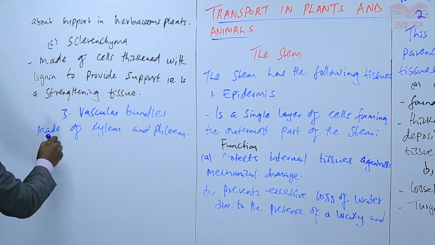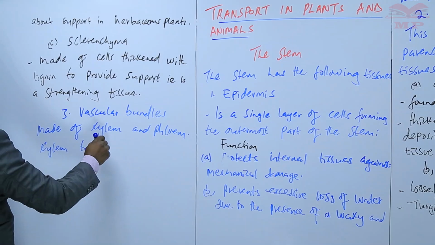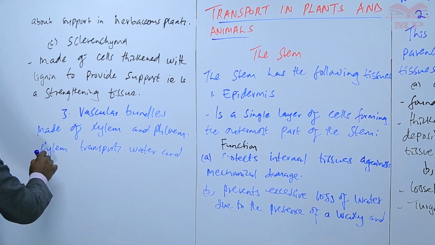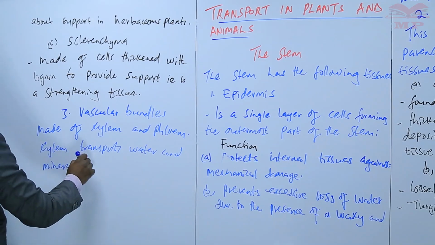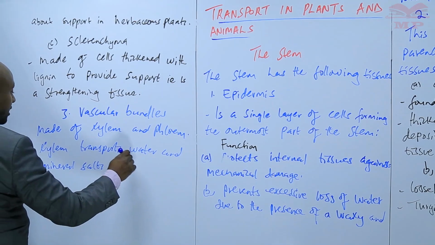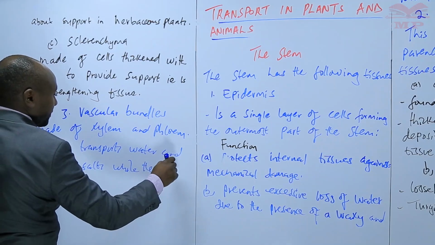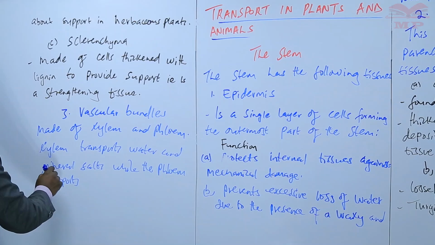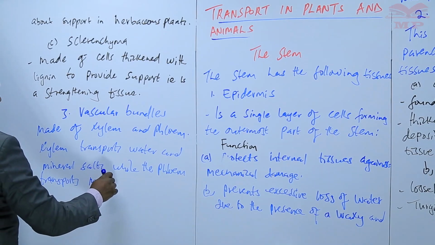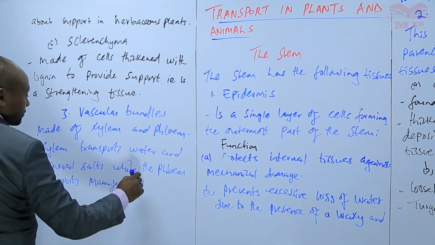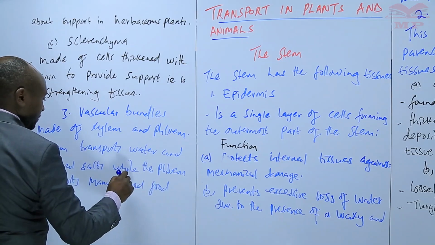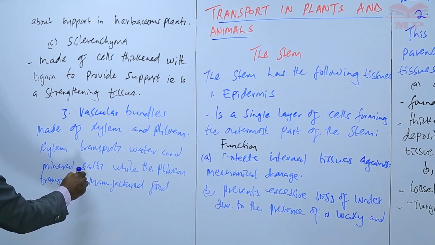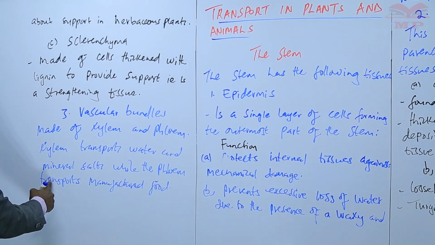So we are saying that the xylem transports water and mineral salts, while the phloem transports manufactured food.